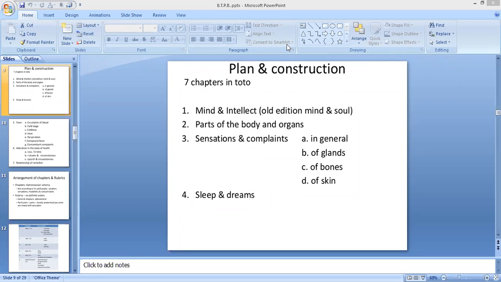The rubrics in this subchapter are not arranged alphabetically, as we discussed. In this chapter, subjective sensation or subjective symptom, objective symptom, and few locations we found in this section.